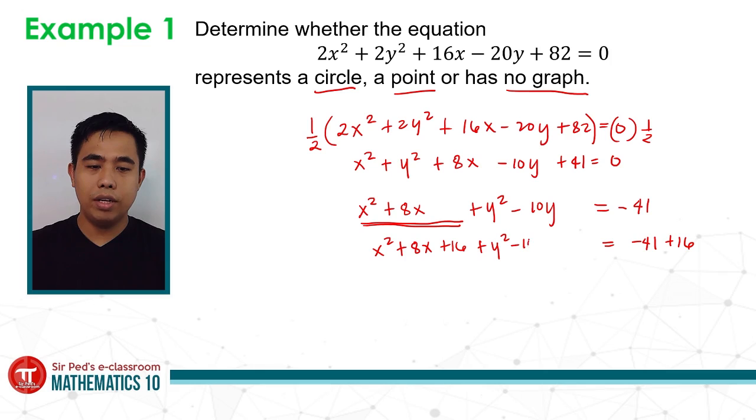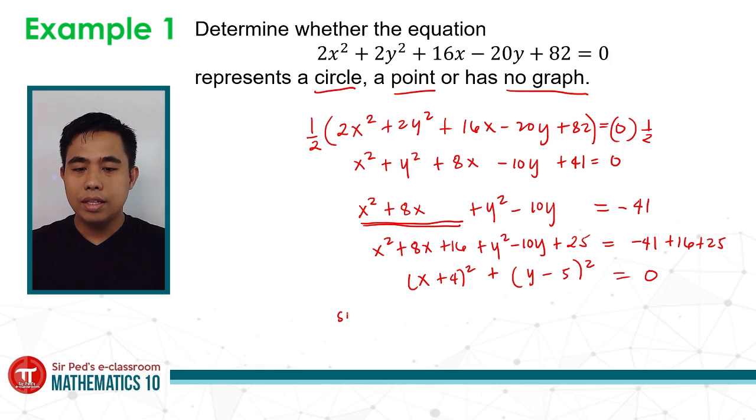Plus y squared minus 10y. What must be added to make it a perfect square trinomial? So we have negative 10 divided by 2, that is negative 5, squared, that is 25. So you add 25 on the right side. So we can write this as (x plus 4) squared plus (y minus 5) squared, which is equal to 0.